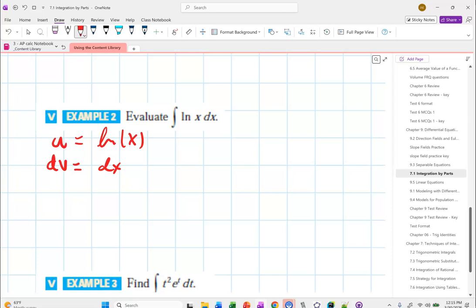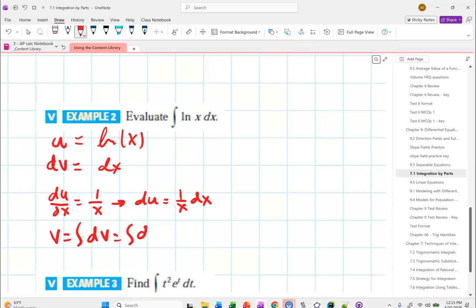There's no other way to do that, right? So if I again take the derivative of u, I get 1 over x. So du is going to equal 1 over x dx. And v is the integral of dv, which is the integral of dx, which is just x.